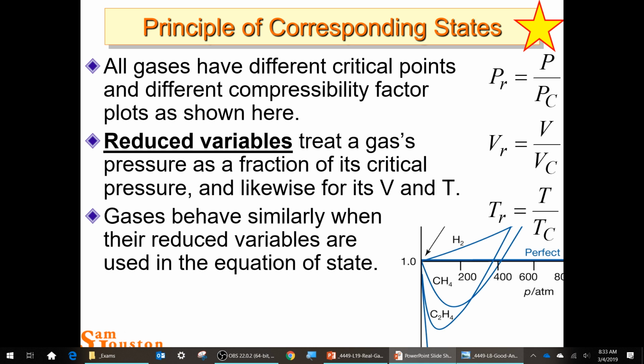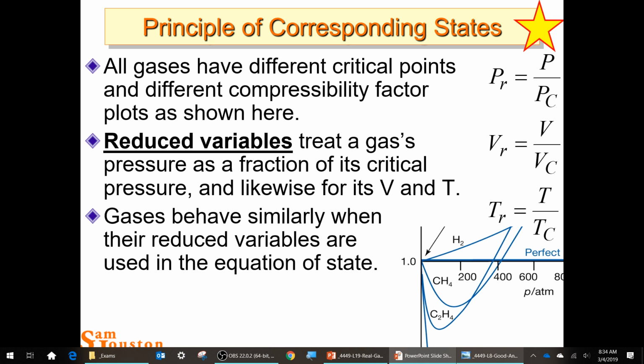This is also an engineering term, where they talk about unitless pressure, unitless volume, and unitless temperature. When I first saw those terms, after I'd graduated, I thought, what are they talking about? Unitless temperature? That doesn't make any sense at all. So I like the phrase scaled or reduced better.